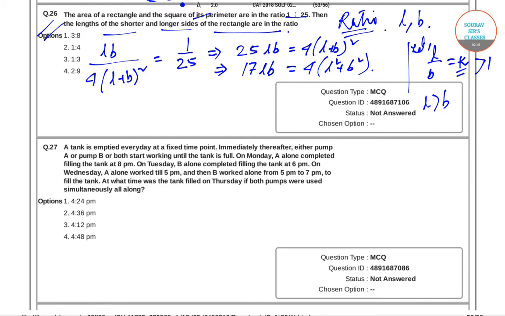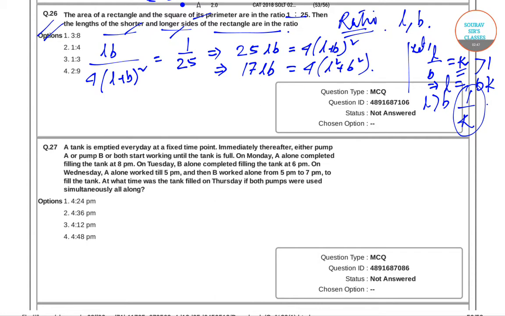If we are supposed to find the ratio of the shorter and the longer sides, that would be B by L, which is 1 by K. So the value we are looking to find out is 1 by K. So we'll incorporate this here. If L by B is equal to K, then that implies L will be equal to BK.